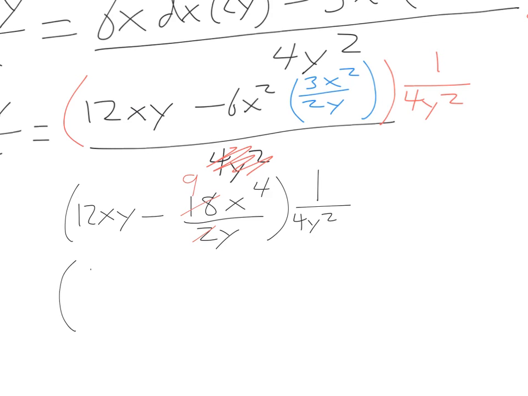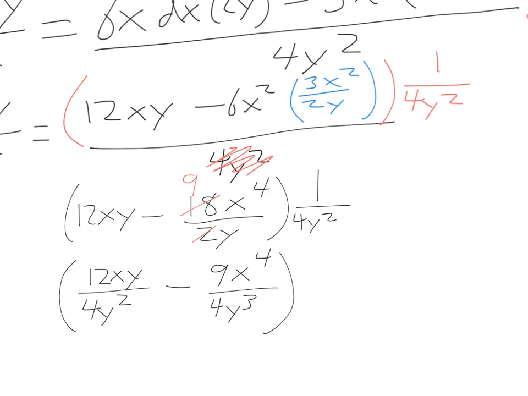So what would I get? I'd have a 12xy over 4y squared minus 9x to the 4th. And since I'm multiplying a y by 4y squared, that just becomes 4y cubed. Alright, the last thing I see that I can do here is I could get common denominators like I talked about.